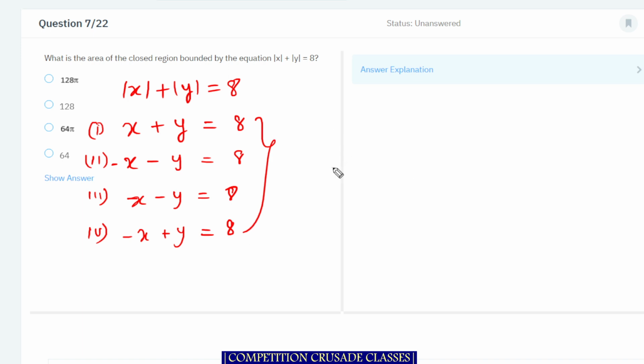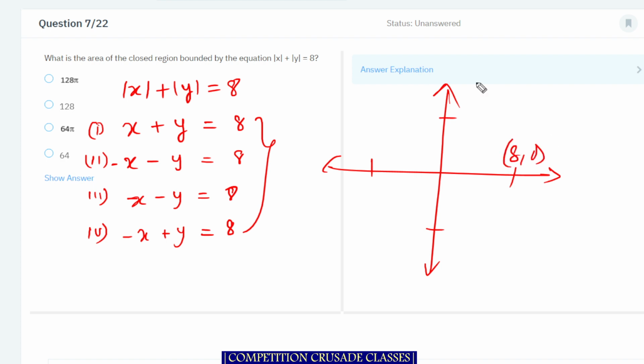If you plot these 4 lines, I will not get into the nitty-gritties, you will realize that the lines will intersect exactly at (8, 0), (0, 8), (0, -8) and (-8, 0). Now if you join these points, you will get the rhombus kind of a structure, of which I have been asked to find the area.